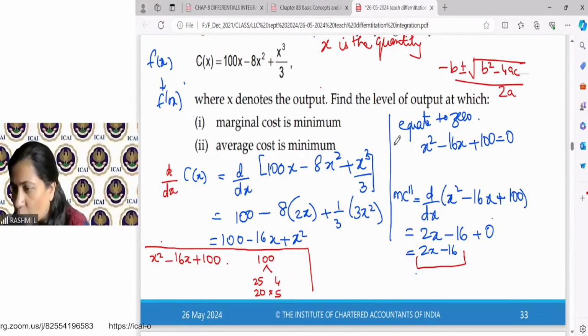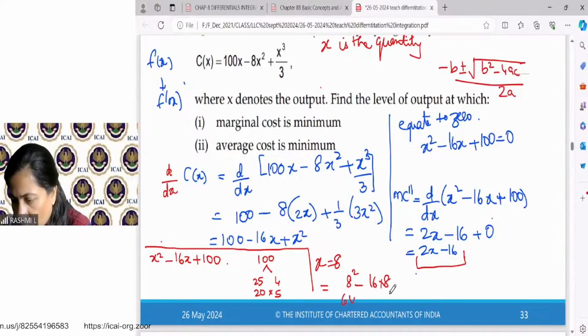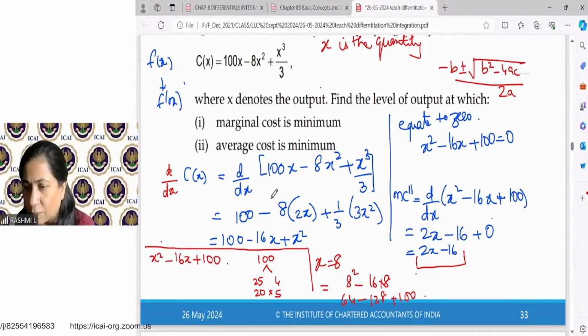Now let us see what will happen if I put x is equal to 8. 8 square is 64, minus 16 into 8, which is 128, plus 100.